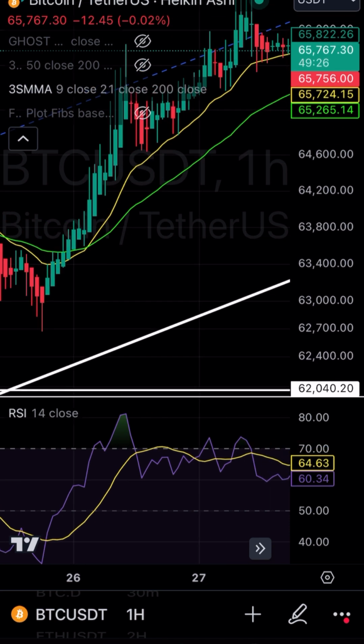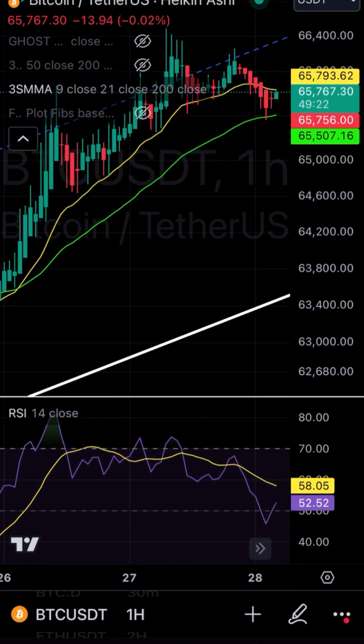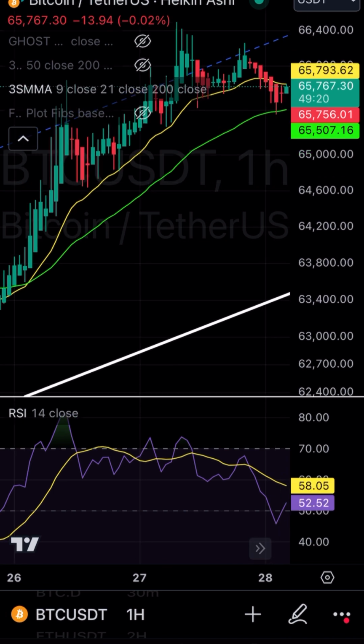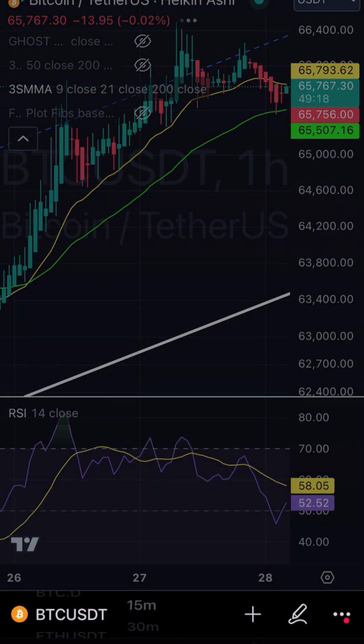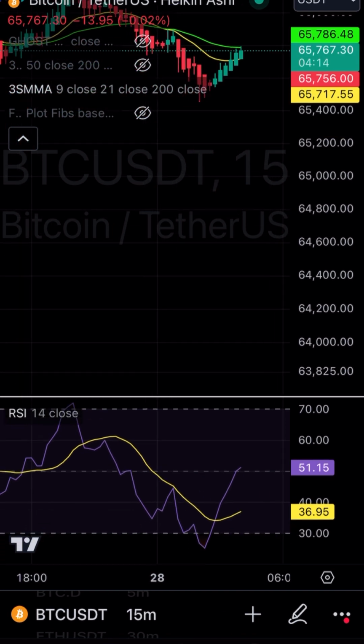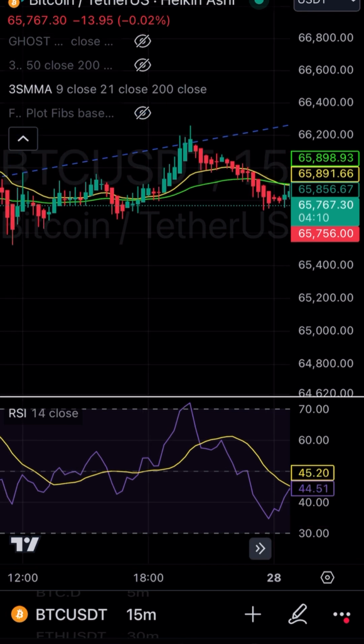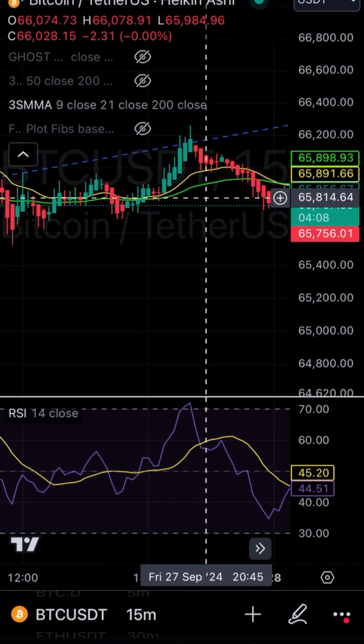So you could use the RSI to help you scalp it on an hour, or you can go down to a smaller time frame. If you go down to the 15-minute, it's the same thing. Since we saw that the direction was up, we can find all the moments where it's crossing up. See it happen right here.